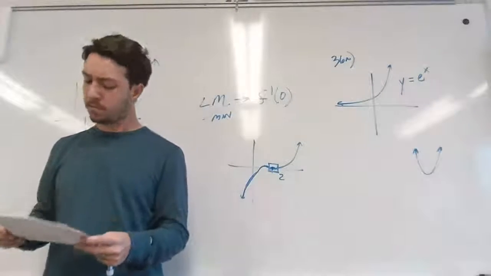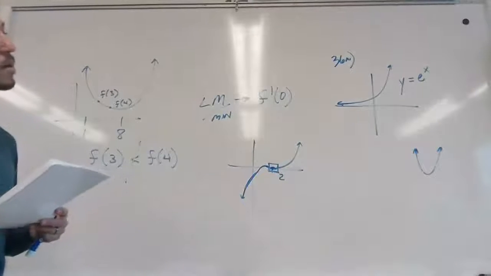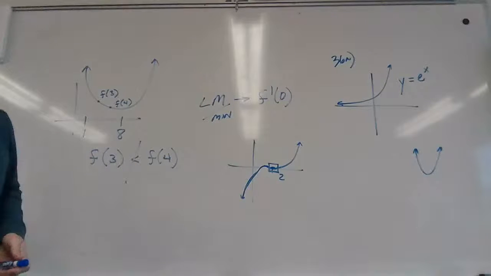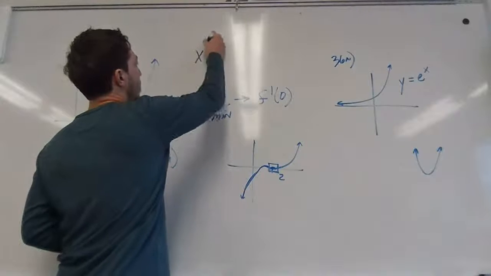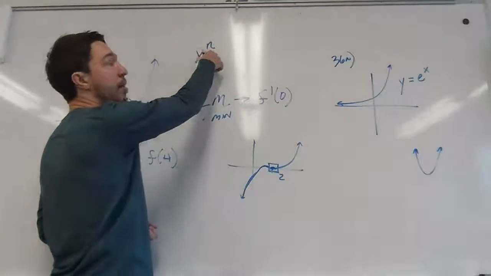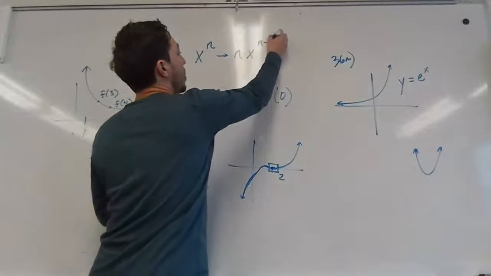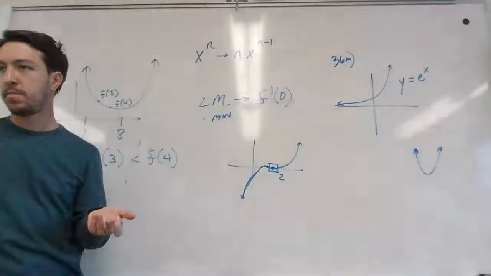What's up, Raven? Why wouldn't it be x e to the x minus 1? Because that rule only works if it's x to a number power. If x is the base, then that power rule holds. And you can derive this using the limit definition of the derivative.